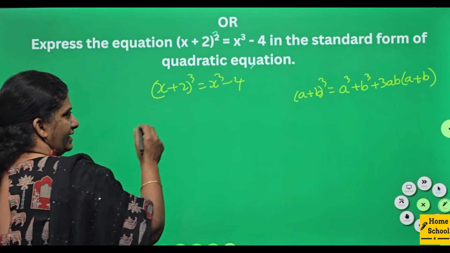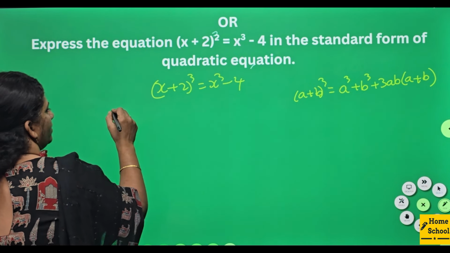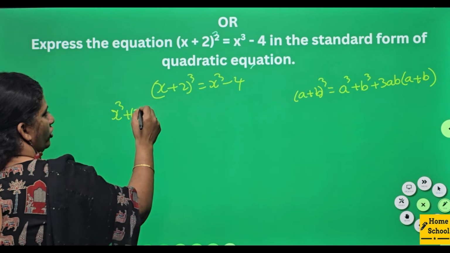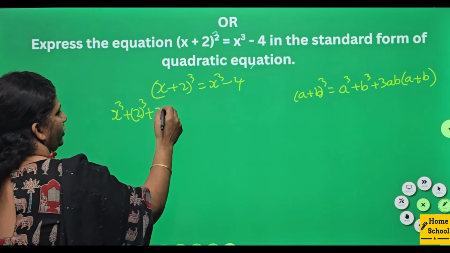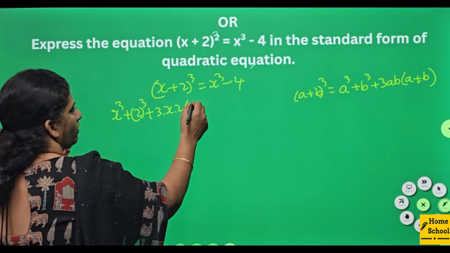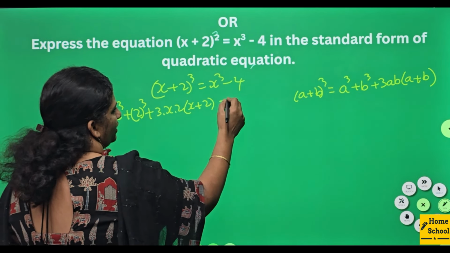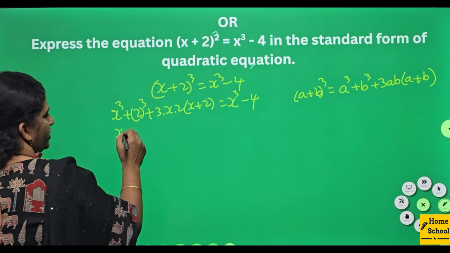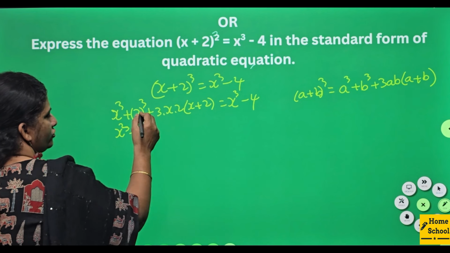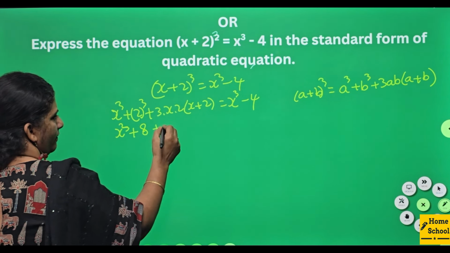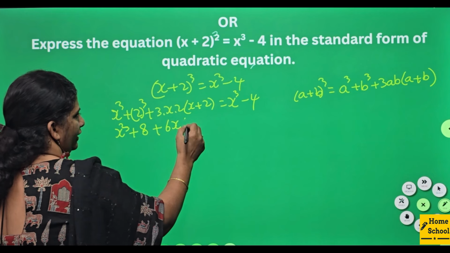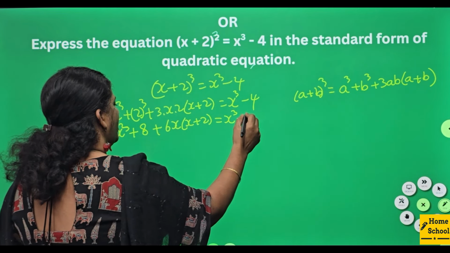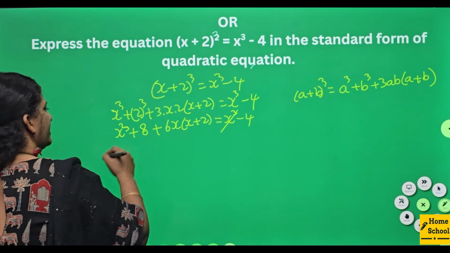Here a value is x, b value is 2. Apply the formula: x³ + 2³ + 3·x·2·(x + 2) = x³ − 4. x³ + 8 (2 twos are 4, 4 twos are 8) + 6x(x + 2) = x³ − 4. x³ cancel.